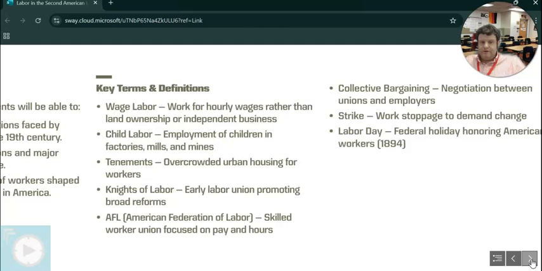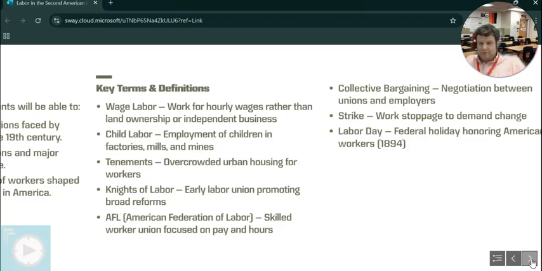Children were seen as smaller, so mine shafts didn't have to be as big. They had good reflexes, so factory owners had this mentality of, they can dodge the dangers of working in the factory. It was a very dangerous time for child labor. Also, children were paid less. That was another reason. Tenements, we'll talk more about those in a minute, but those were often overcrowded, and it was a housing solution in the big growing cities.